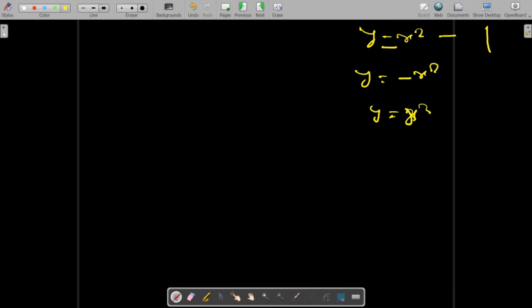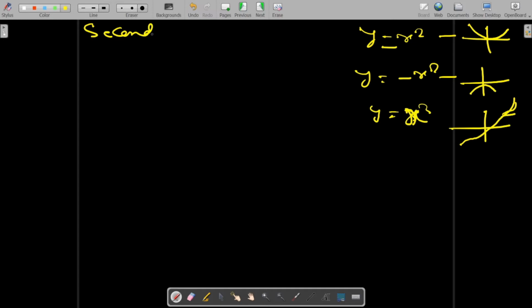The graphs for these are shown here. So let's see the flow diagram for this, how to test it.